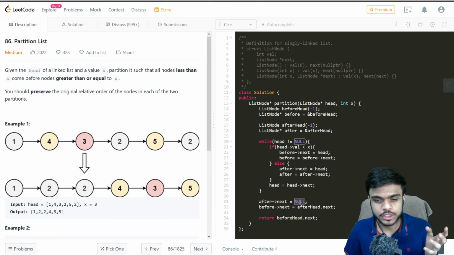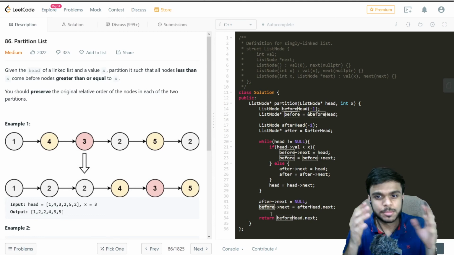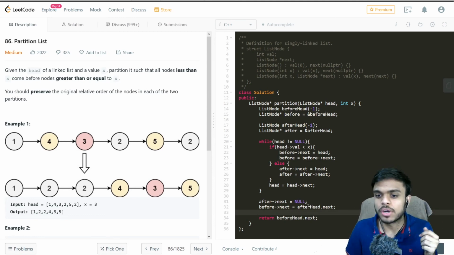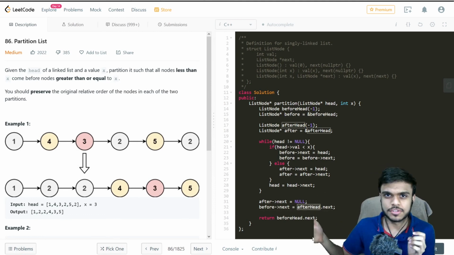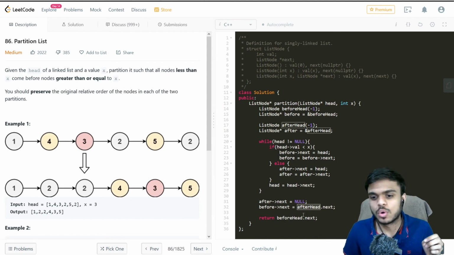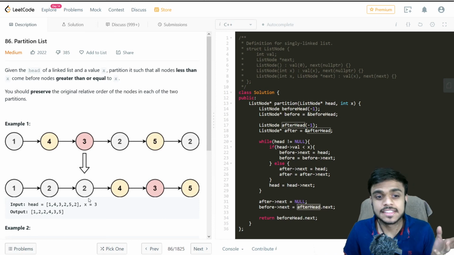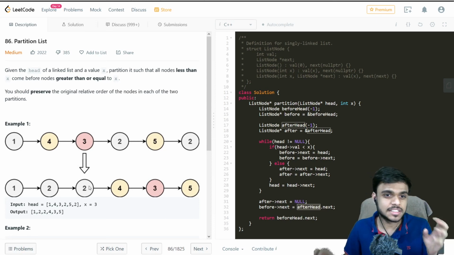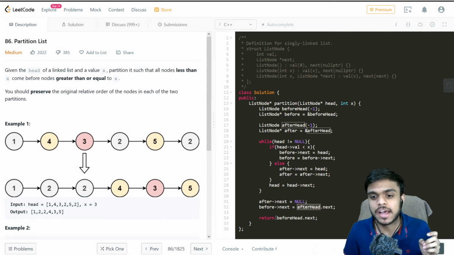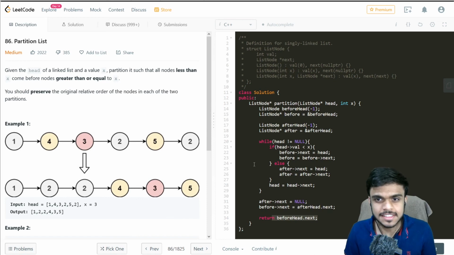So we are putting the last pointer to null. The last thing we are doing is attaching the first list, that is the last element of the first list's next, to the head of the after list. Once that is attached, the main list that we need to return is pointed by before head dot next. So we just return this dummy node's next pointer, and that's it.